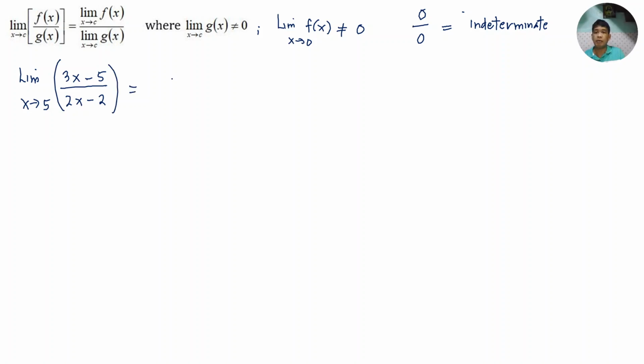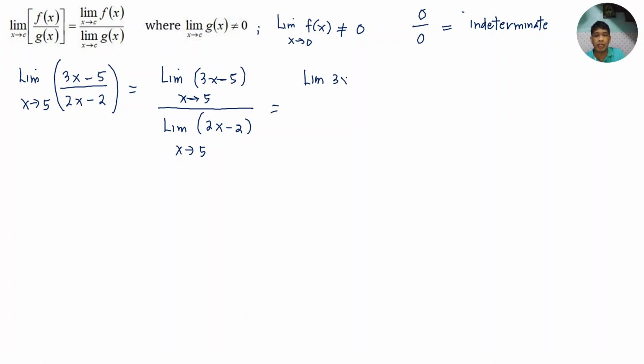So this will be equal to the limit of 3x minus 5 as x approaches 5, all over the limit of 2x minus 2 as x approaches 5. So what we will do here is to take the limit of 3x as x approaches 5 minus the limit of 5 as x approaches 5.